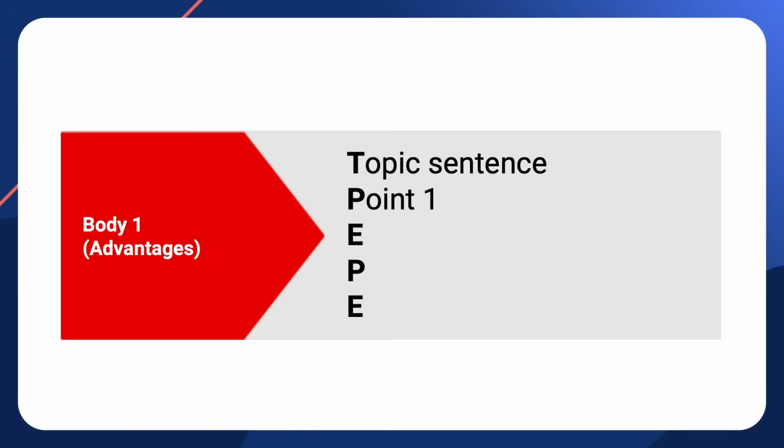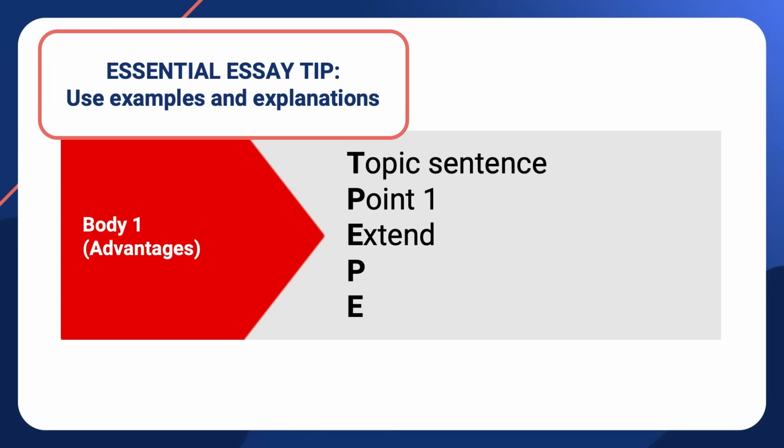Then P, the first P stands for point 1. And in this case, you're going to talk about the first advantage, advantage number 1. You then need to extend about this point. So this is where our essential essay tip comes in handy, using examples and explanations.